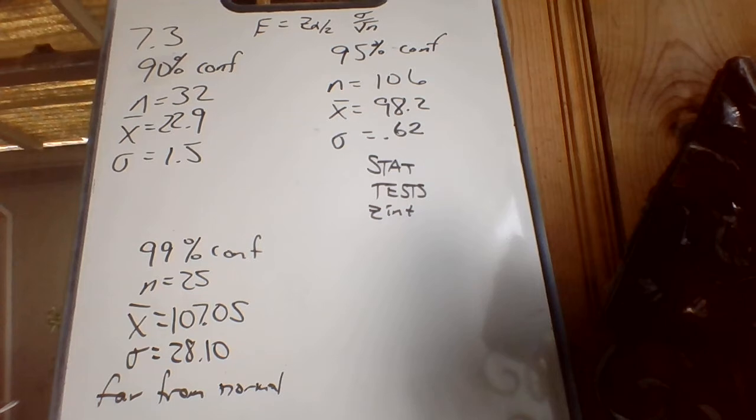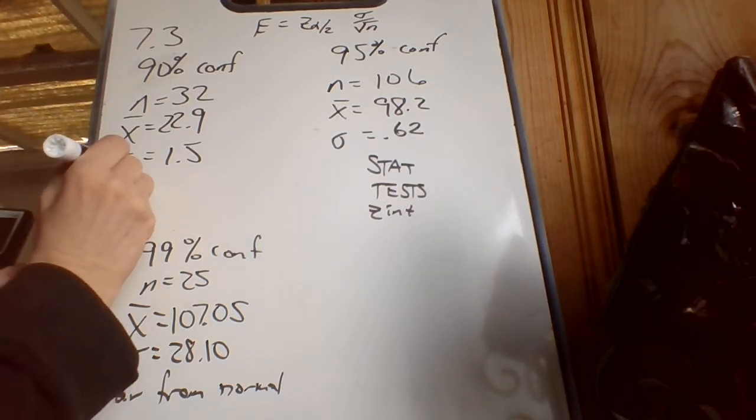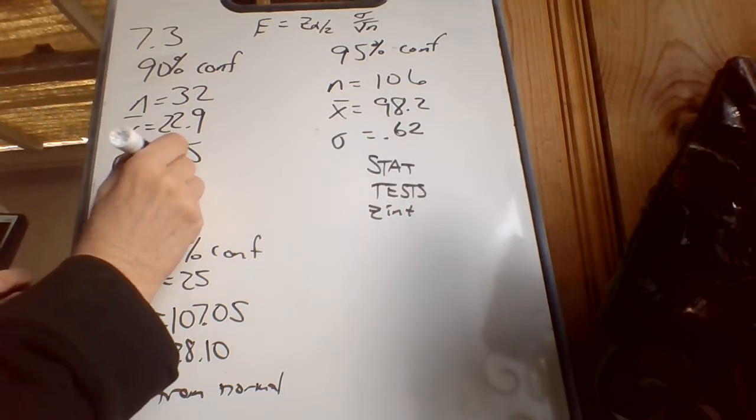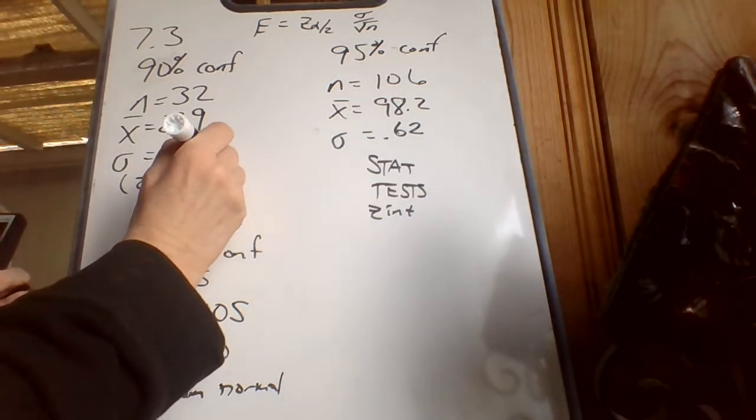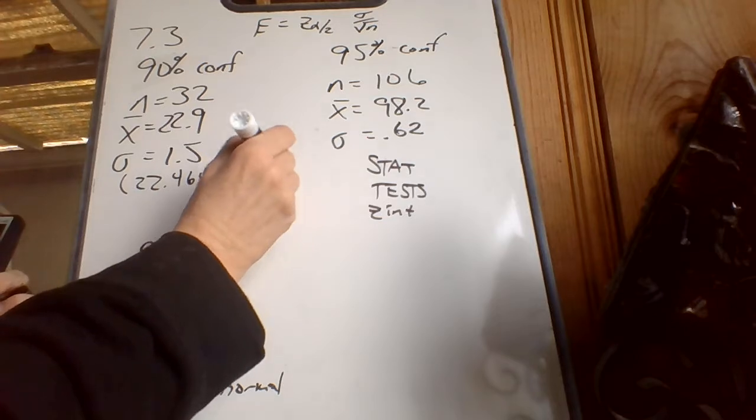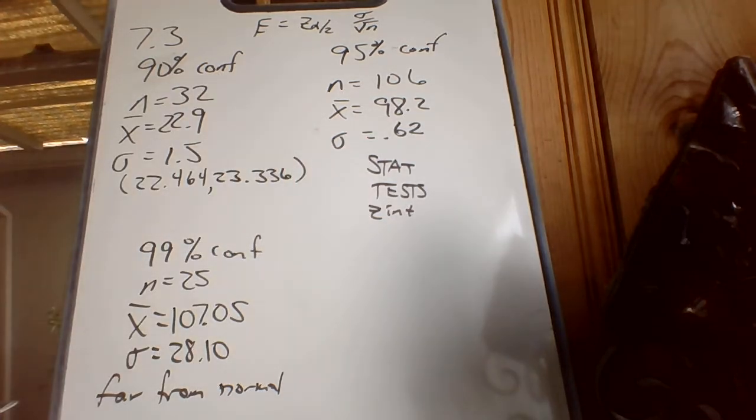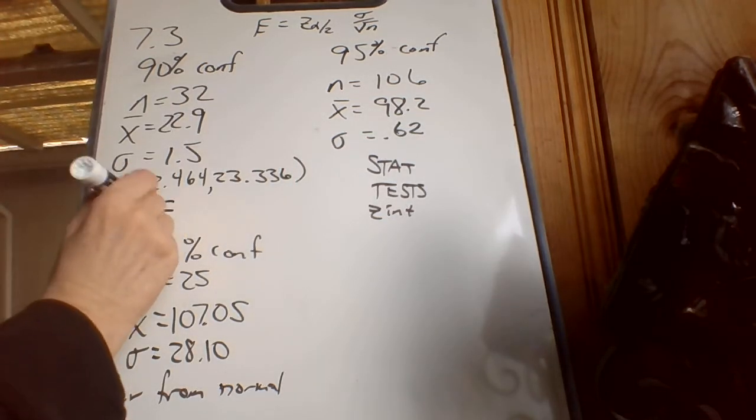And calculate. And then it gives me some sort of parentheses, so I write that on my paper. 22.464, comma, 23.336, close parentheses. And then I got to do that error every single time you do one of these problems.